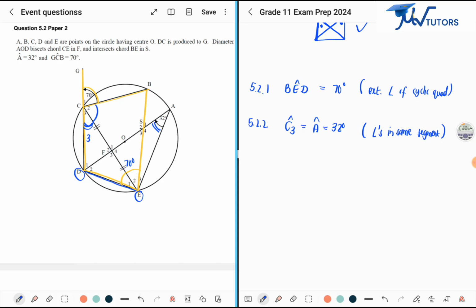So I have C3, it's 32. Now I can go and say C1 plus C2 plus C3 is actually equal to 180 degrees, okay? And that's angles in a straight line, or the sum of angles in a straight line are equal to 180 degrees. Or you could just say angles on a straight line.